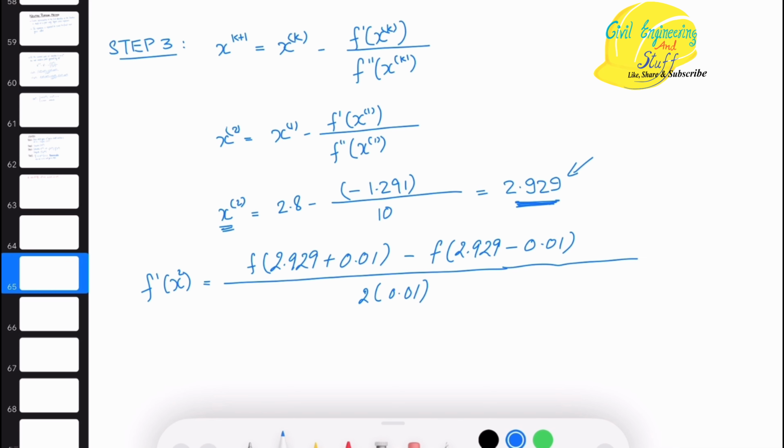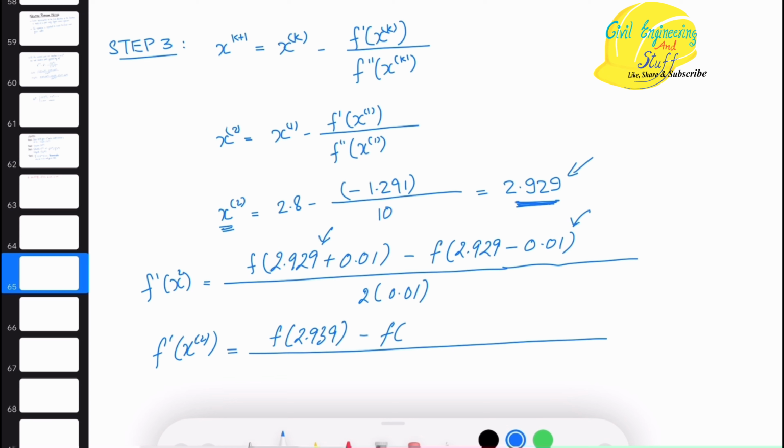This is the formula for the first derivative. We first have to find the value of this and then the value of that. So f dash x2 equals the function value of 2.939 minus the function value of 2.919, divided by 0.01.